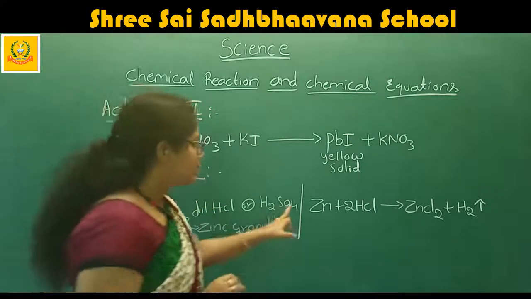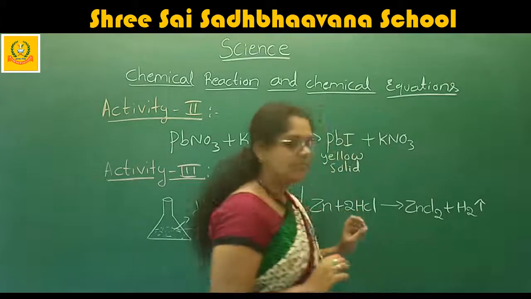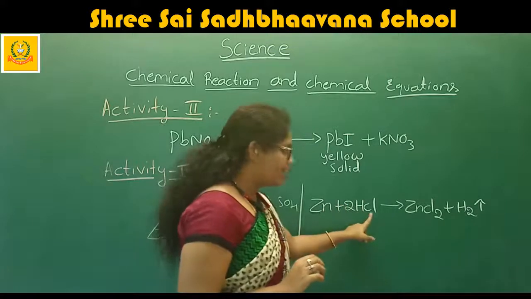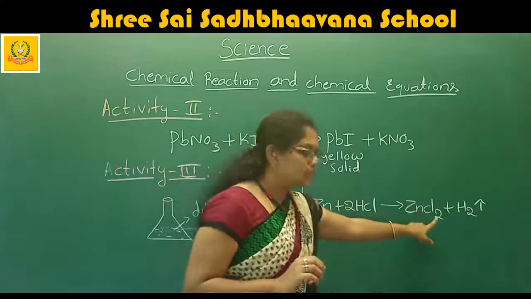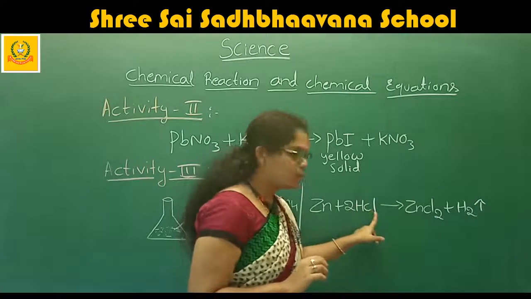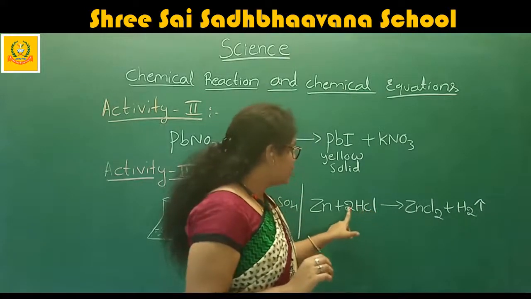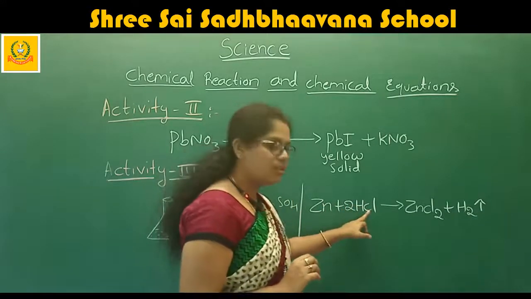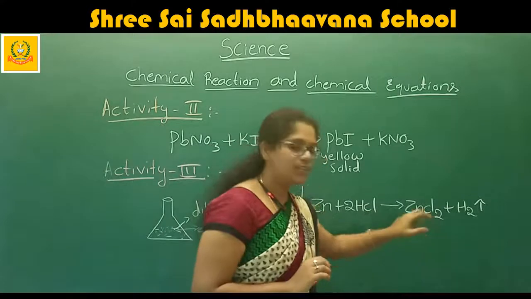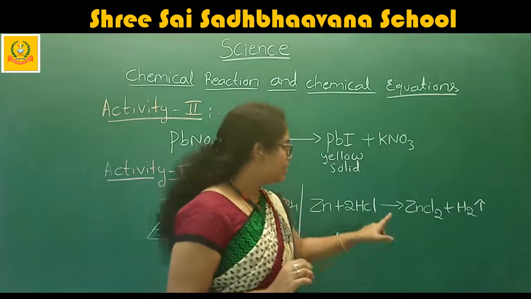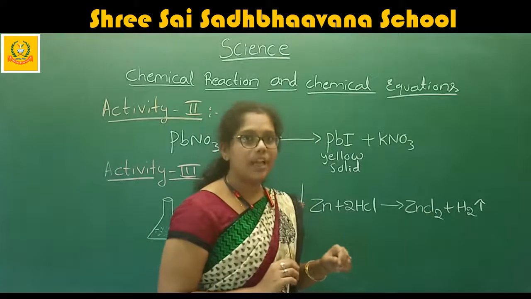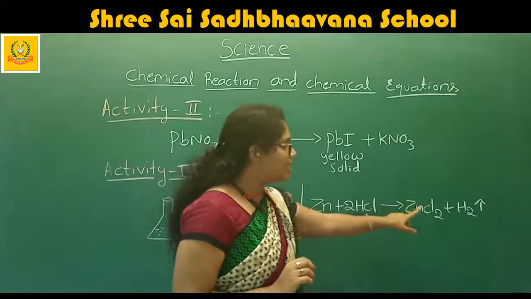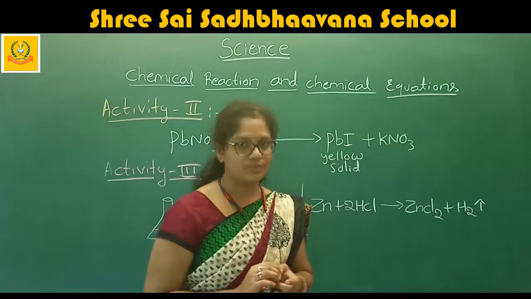Zinc reacts with HCl, Zn with Cl2. Why Cl2? Because here we take 2 moles of HCl and 2 moles of chlorine. So Zn reacts with chlorine to form ZnCl2, plus 2H remaining. This 2H is liberated in the form of hydrogen, H2.